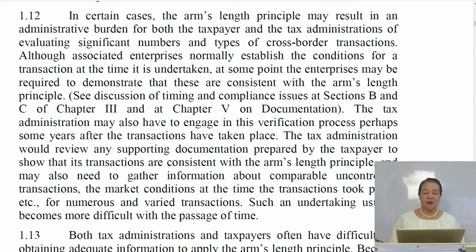Why? Because the passage of time will create a different situation than that of previously under where the entity has been operating. No?